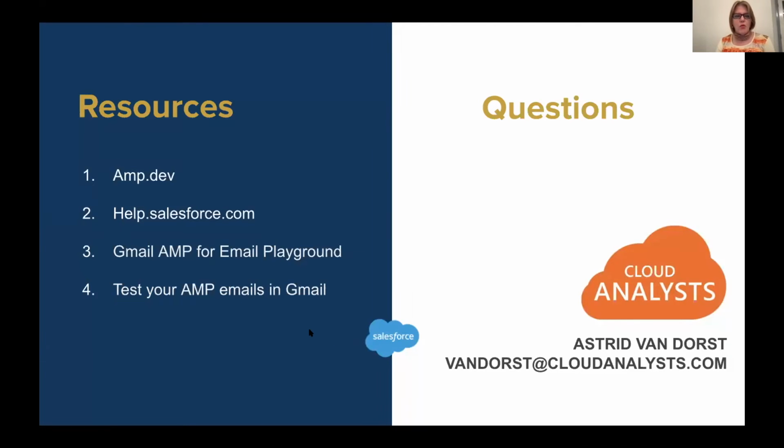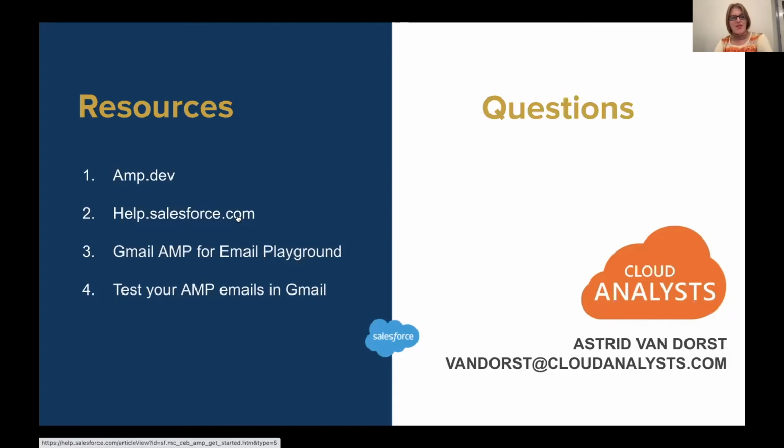And so the last slide I want to leave you with, and I think I can share at least this slide with you, has 4 different resources that are fabulous. Particularly, the only one to write down is amp.dev. That's it, actually, or help.salesforce.com.